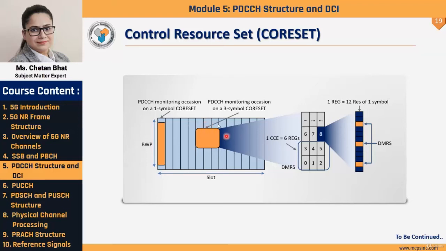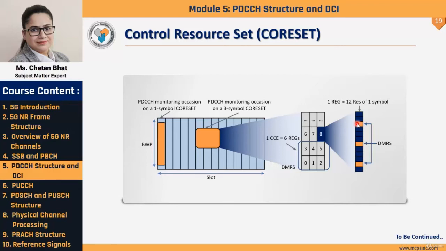Now within this particular symbol we have this kind of representation, right? So for example, if I talk about 1 CCE, I have 6 REGs: 0, 1, 2, 3, 4, 5, right? And what is 1 REG? 1 REG is nothing but 12 REs of 1 symbol, right? And how is the DMRS implemented? Again, it is implemented every 4th RE, right?